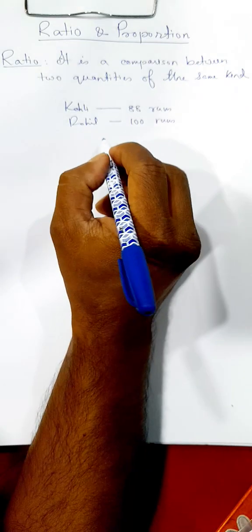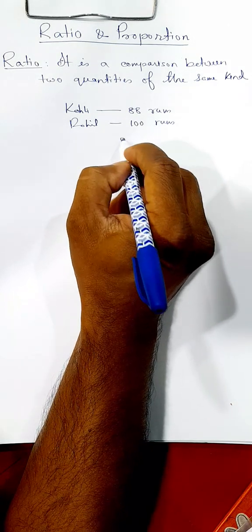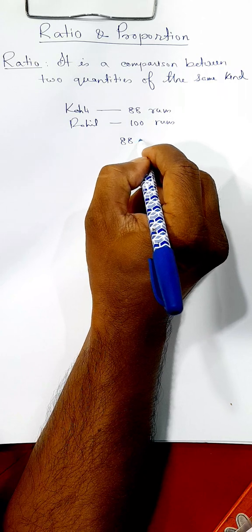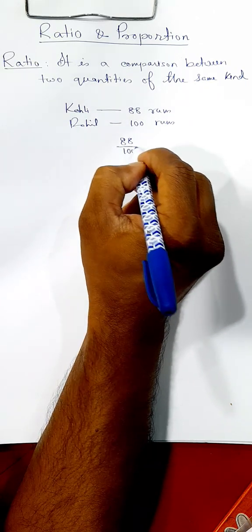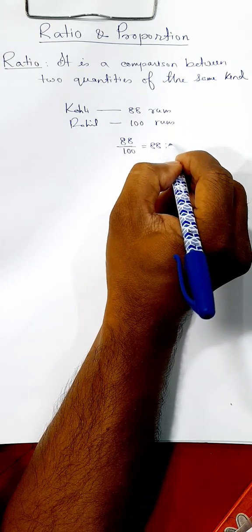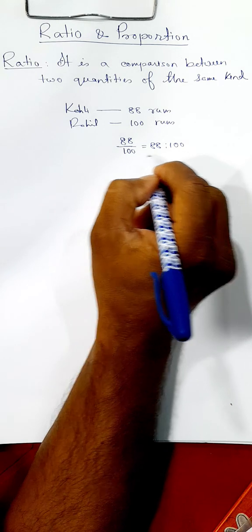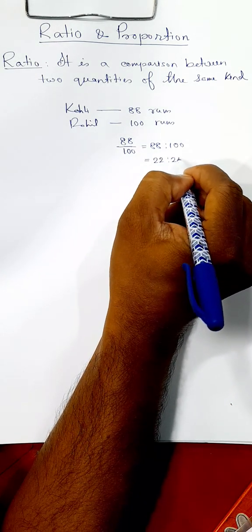Now if we compare their runs, we will get 88 and 100, 88 by 100, and this is written as 88 is to 100, or more simply you can write it as 22 is to 25.